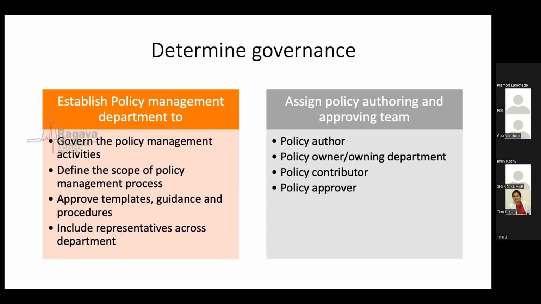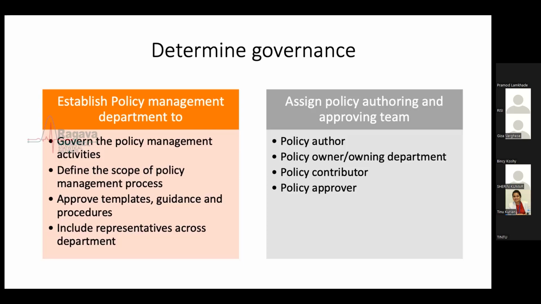So there must be policy authors from the proposing or owning department, and that department should be responsible to make sure this policy is being implemented and monitored properly. And there should be policy contributors or reviewers from different departments and approvers from the senior leadership team.